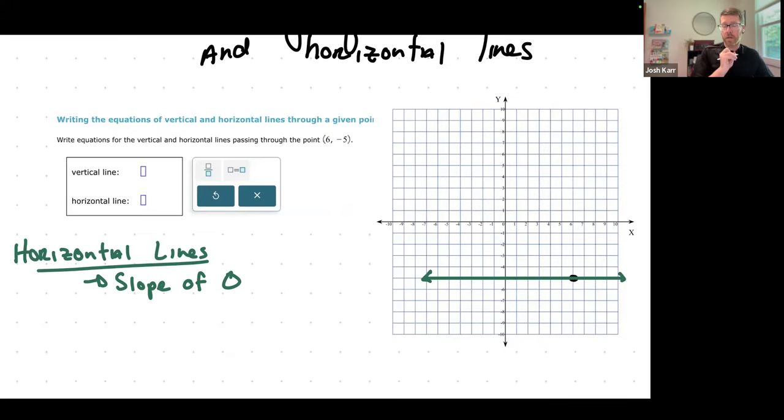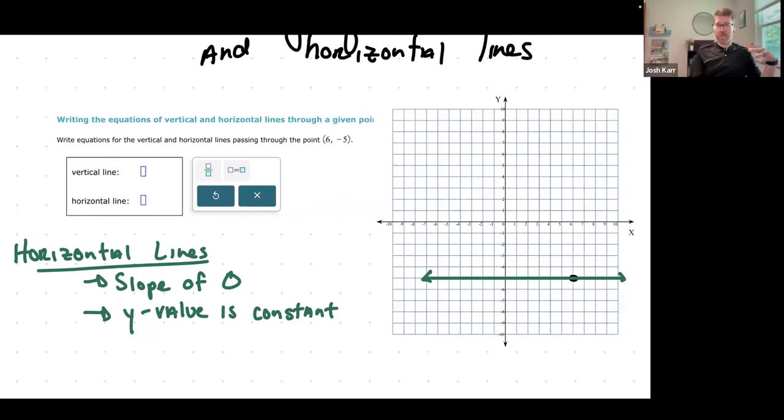And also, every point that we would put on this line has a constant y value. The y value is constant. There's no change, right? It doesn't rise. So that's why the numerator is 0, resulting in the slope of 0. So we have a constant y value.